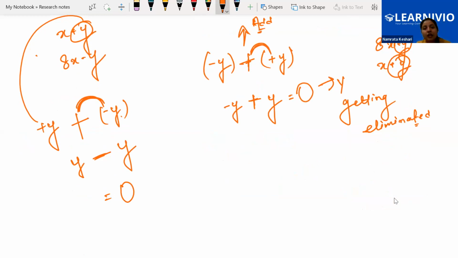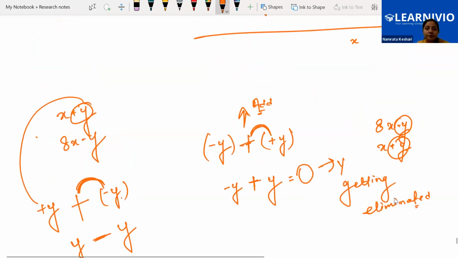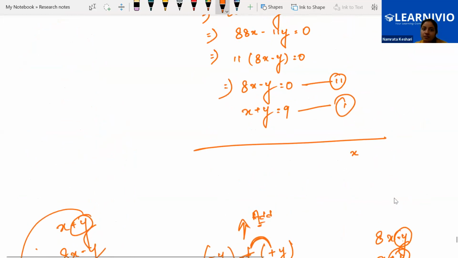Yes, mom. But what about 8x and x? They are both positive values, right? So how will I know whether I should add or subtract? Now for 8x and x, even if we add them, see Arya, it will be 9x, not eliminated.